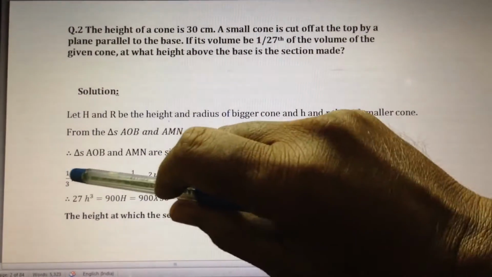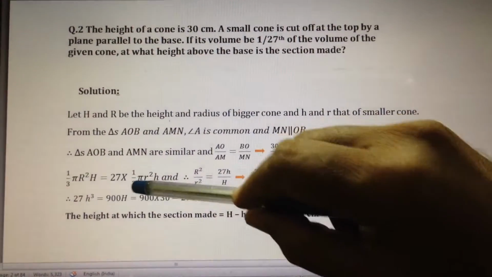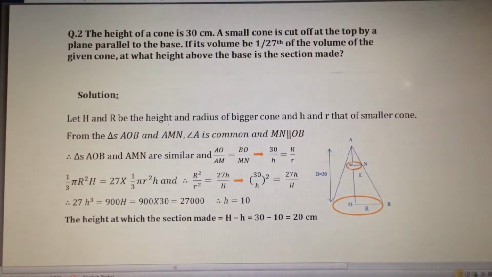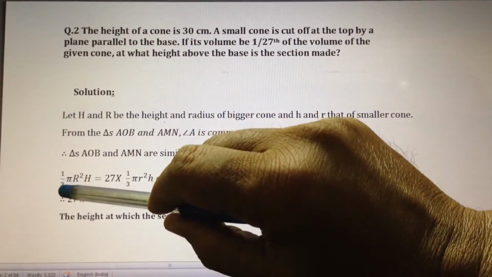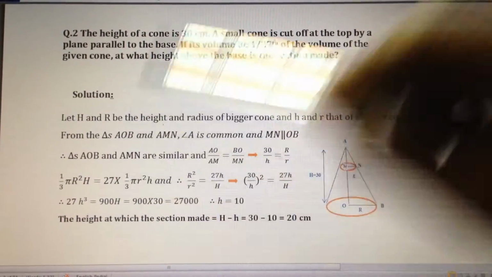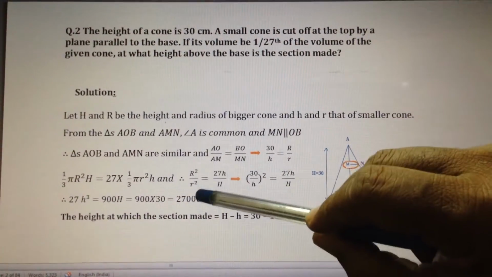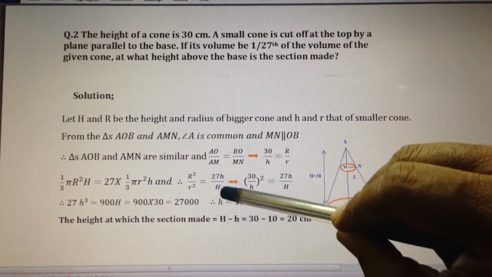Therefore, 1 by 3 pi gets cancelled. R square by r square is equal to 27 h by H.